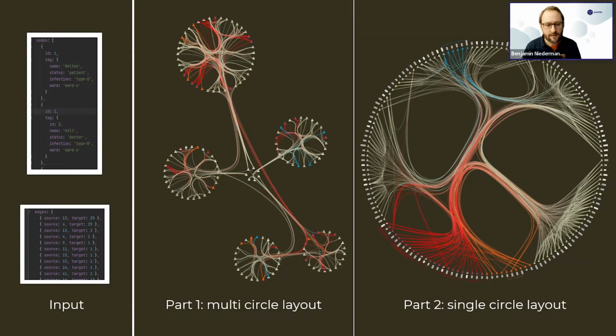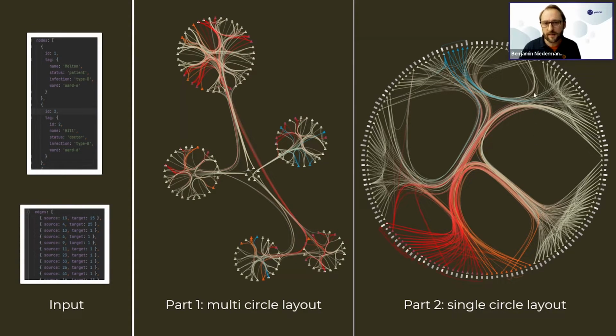And here the idea is that we have a look again at this use case from computational biology, where it's about this bacterium. And the idea is that we use the data and create, based on the data, two different layouts for the same data. The first part will be about a multi-circle layout, where we have multiple partitions, which define the wards of the hospitals.